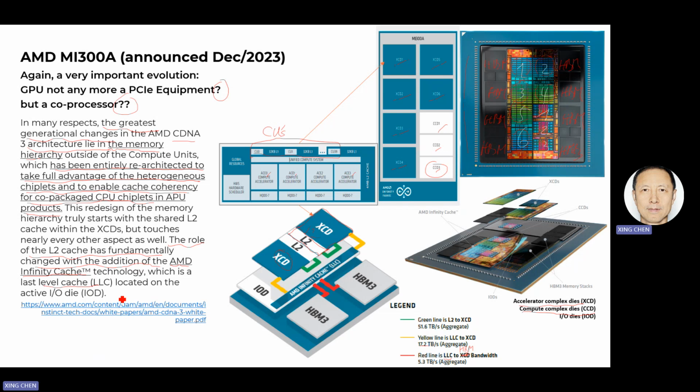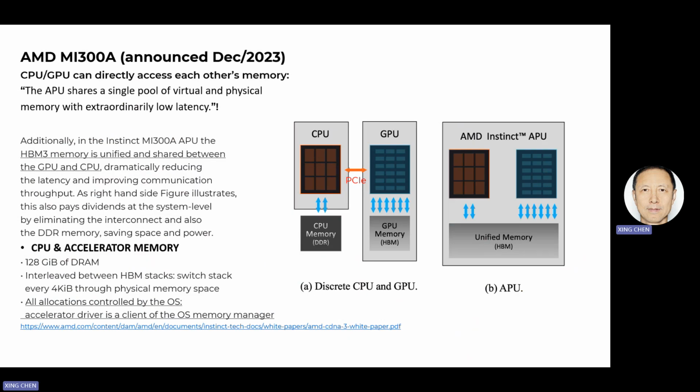This is something new. In the past, the cache has always been put close to the CPU, to the CCD and XCD core. Okay, so this is something new. We need to continue and have a look at this one. So let's continue.